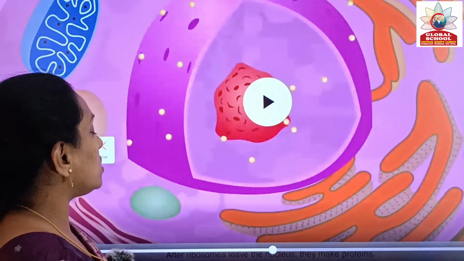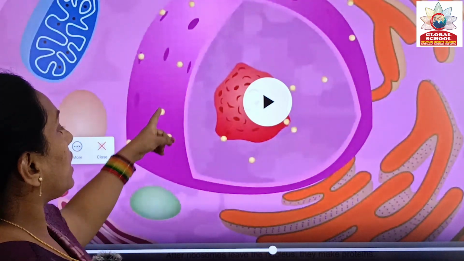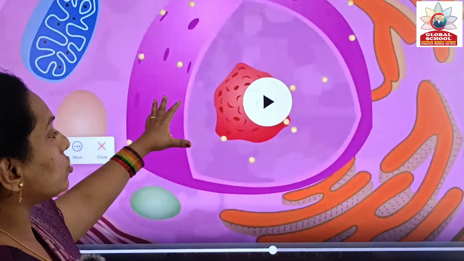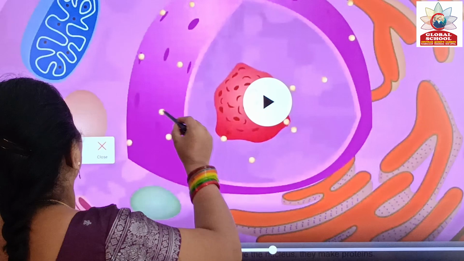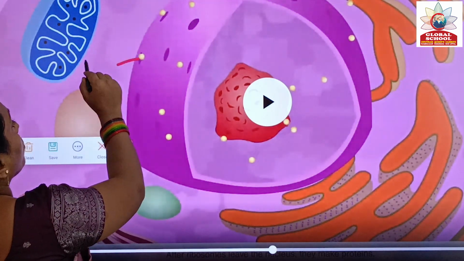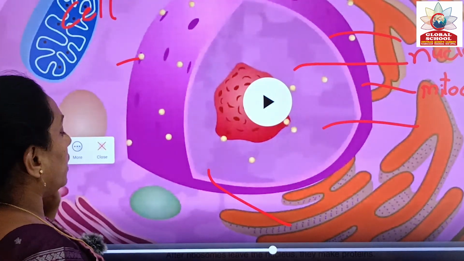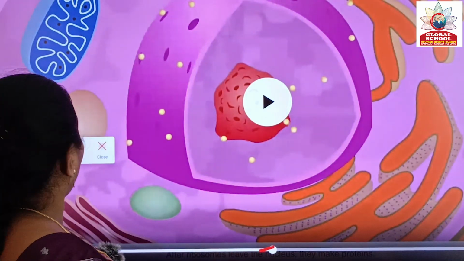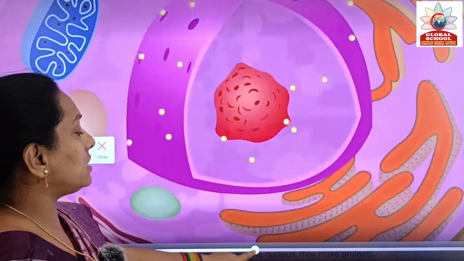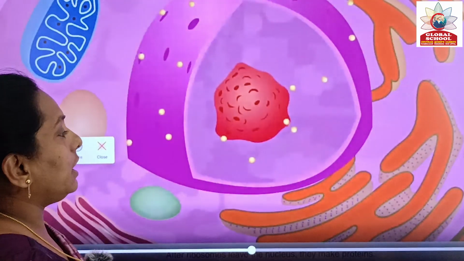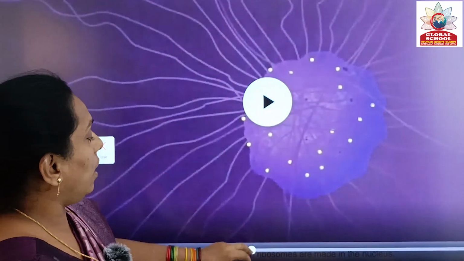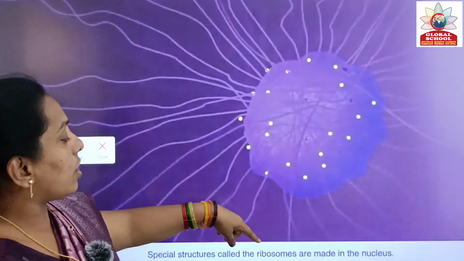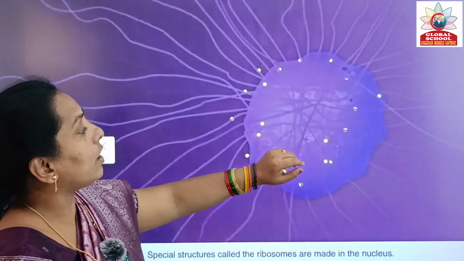The next special structures are the ribosomes. These small yellow ones are called ribosomes. What are they called? Ribosomes. Once they leave the nucleus, they make protein. Look at here. The special structures called ribosomes are made in the nucleus.